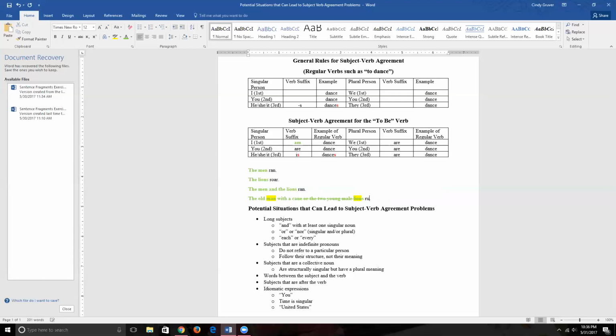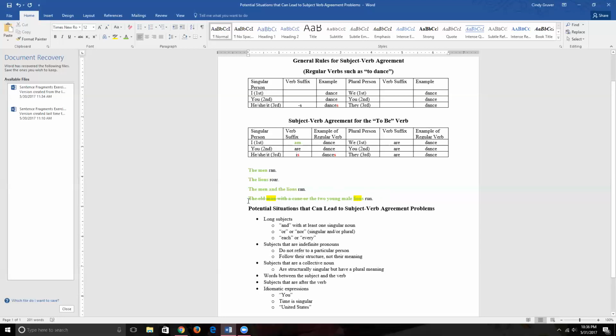Okay. That's door 1 is going to go with runs. But door 2, the one where we're with the lions, the 2 young male lions, they run. So door 2 has us just say run. Door 1 says runs, door 2 says run.